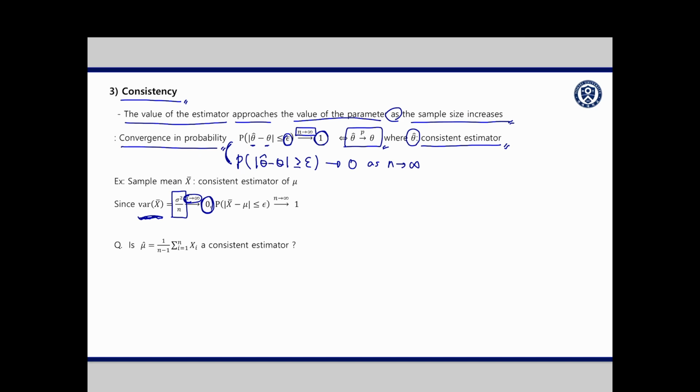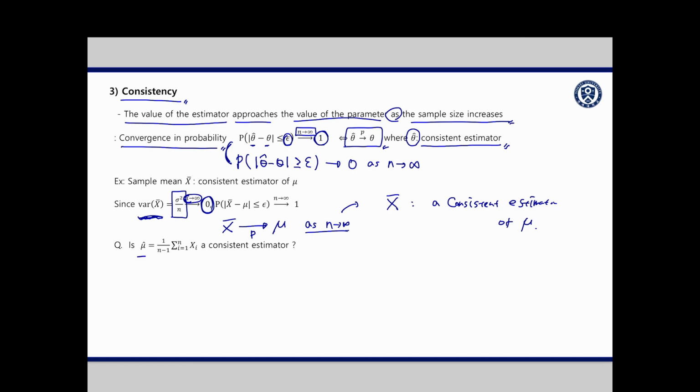So x bar converges in probability to mu. So x bar is a consistent estimator of mu.